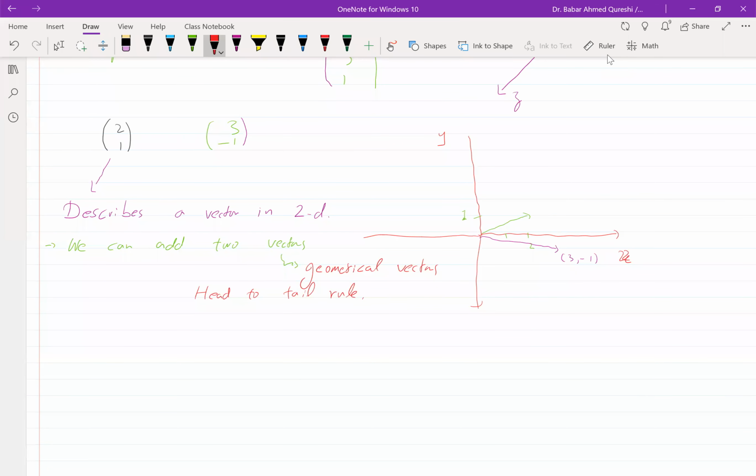If I work out the head to tail rule, what turns out is that their representation over here is just that if I add these two vectors, the head to tail rule gives me the resultant vector where I just add the components.